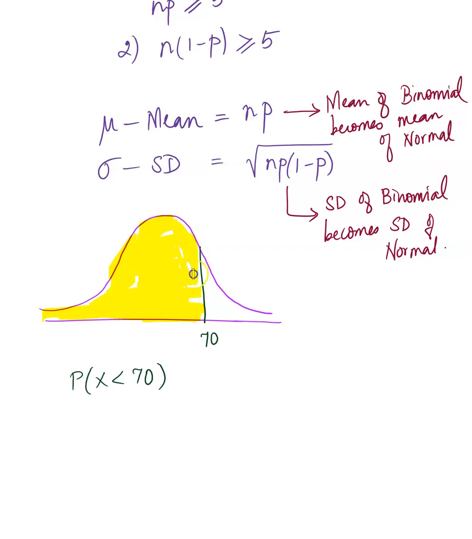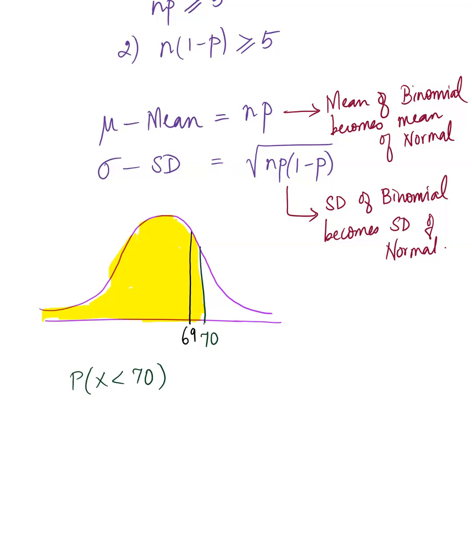But with binomial, what happens is, if we say less than 70, the next number below 70 would be 69. There won't be any decimal values in between, right? So when I say less than 70, I am losing the values in between 69 and 70.